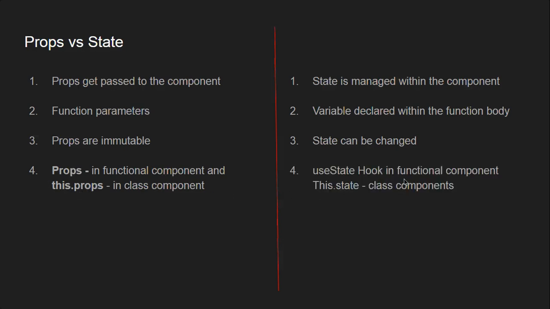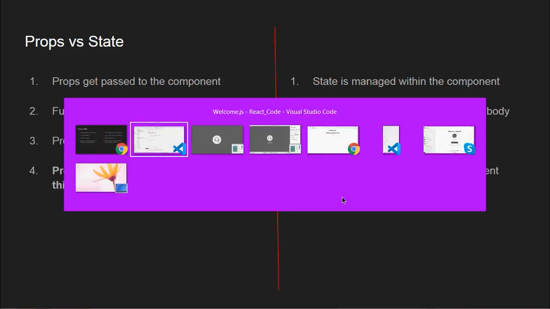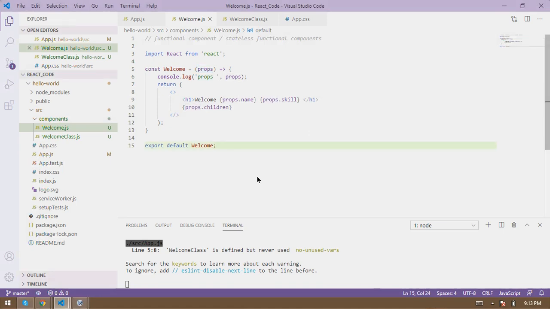For state, in a functional component we basically use the state hook, and in a class component we use this.state, which is the way of using state in a class component. Okay, that's it. Now we will go and create some components with state.